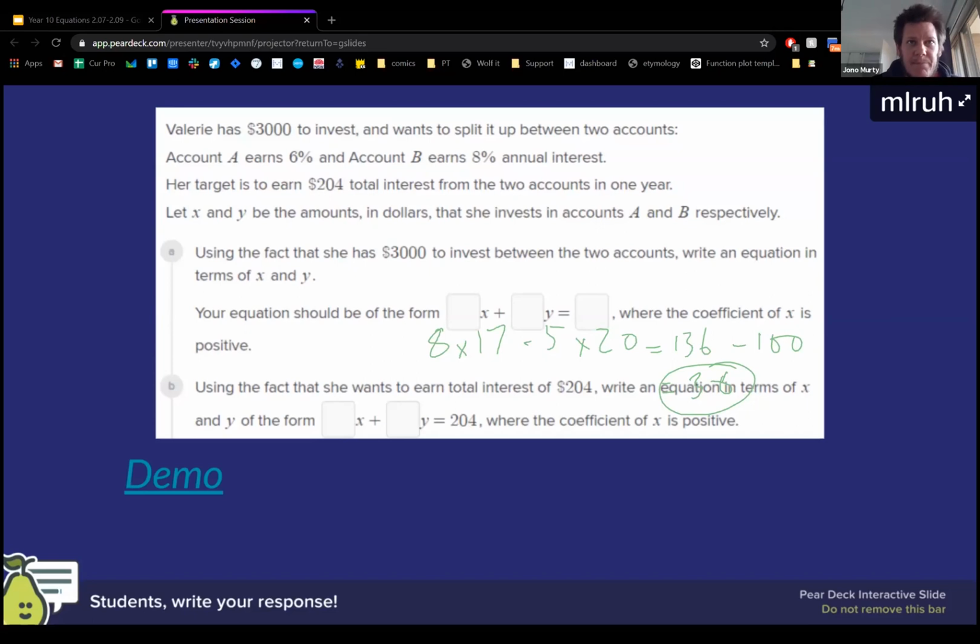This is a contextual one here. So a lot of information to take in first. So in this case, there are two accounts earning different levels of interest, and she wants to earn 204 total interest from the two accounts.